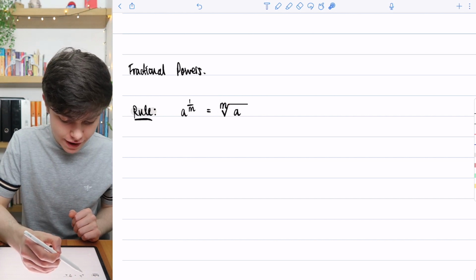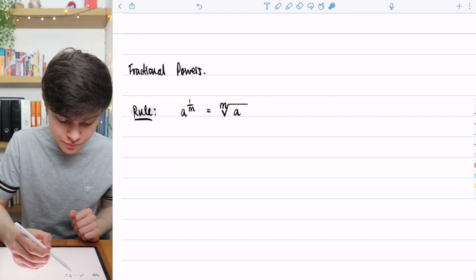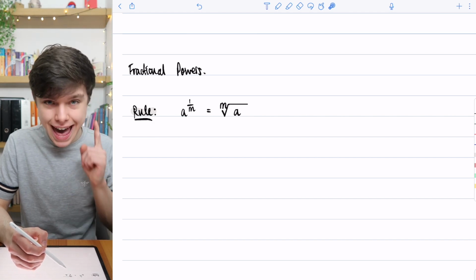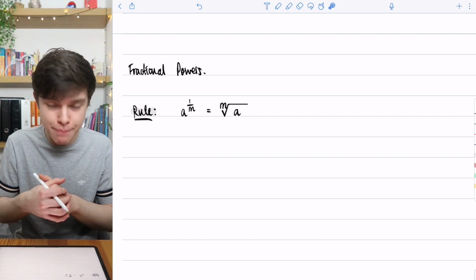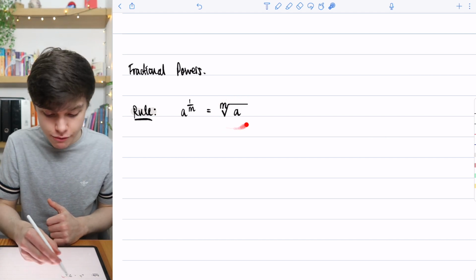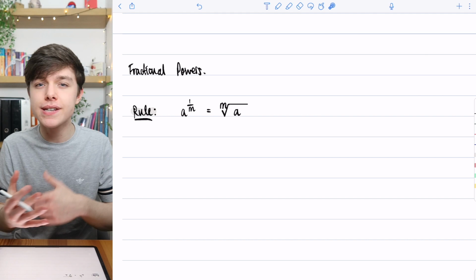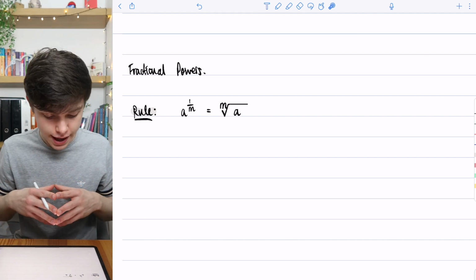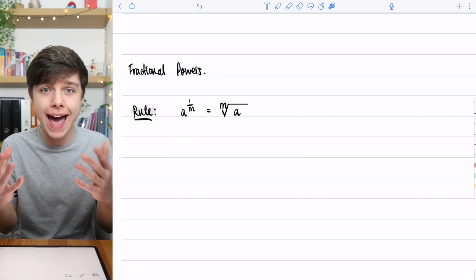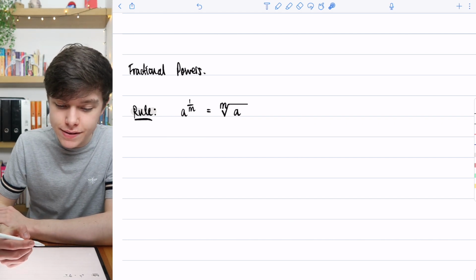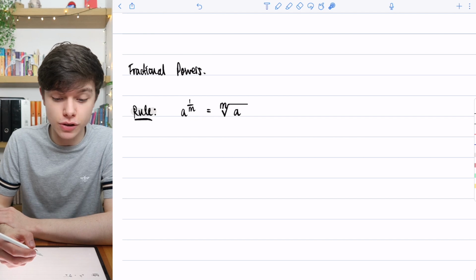If I've got a to the 1 over m, that is the same as the mth root of a. If m is 2, then we take the square root of a. If m is 3, we take the cube root of a. If m is 10, we take the 10th root of a, whatever a may be. So that's the first index law.